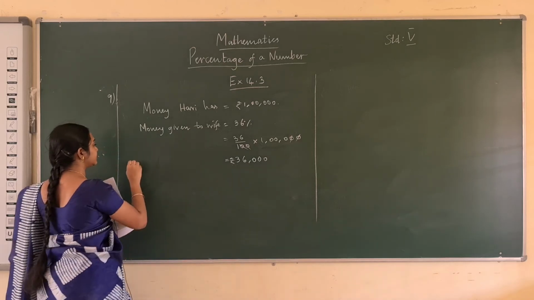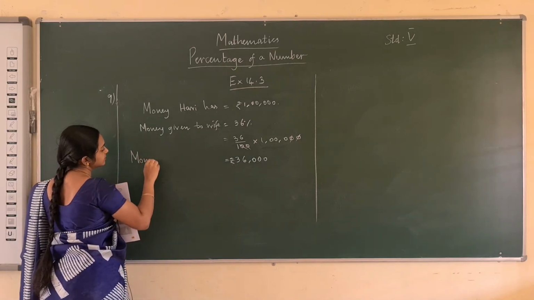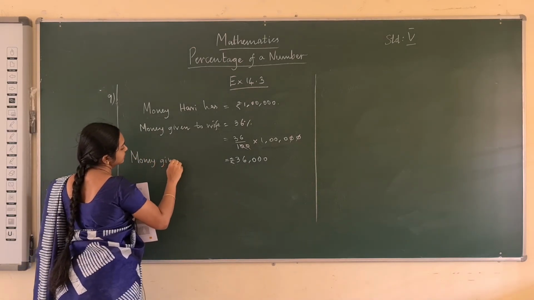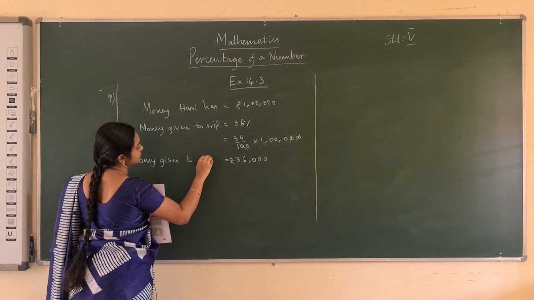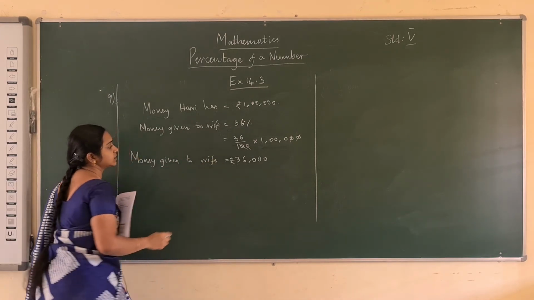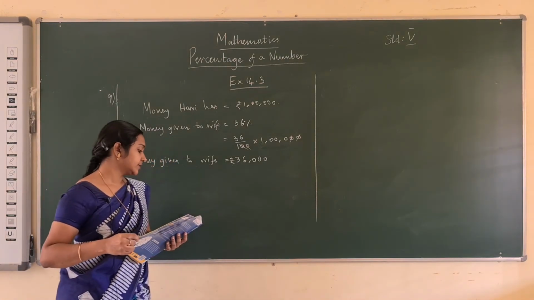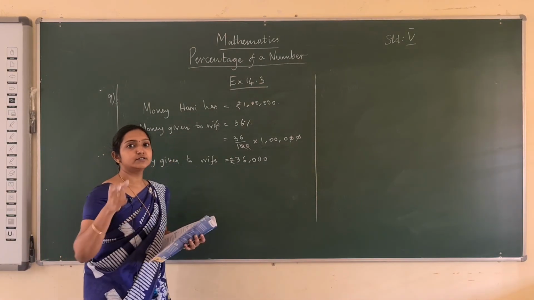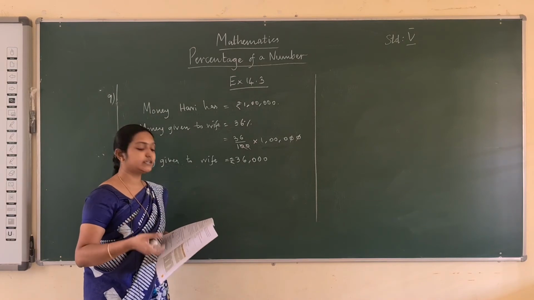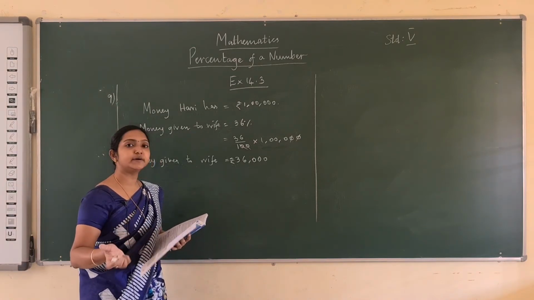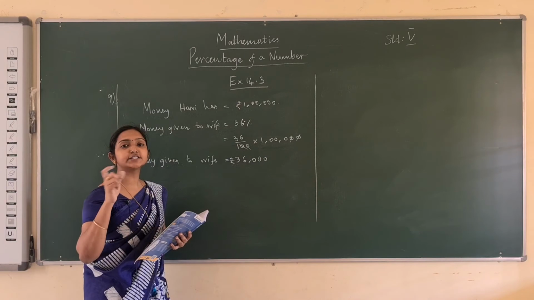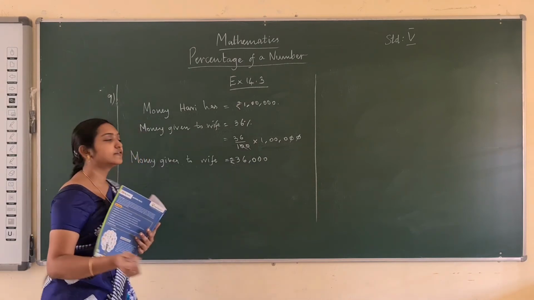So money given to wife is 36,000. Next, 25% each to his son and daughter. So son gets 25%, daughter gets 25%. So 25% plus 25% is 50%.